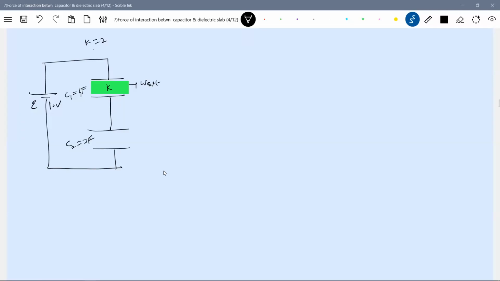Let's get into the concept. So an external agent pulls out the slab from above the capacitor, we will write.